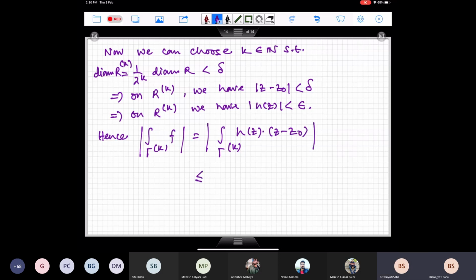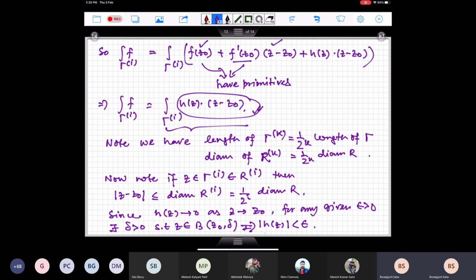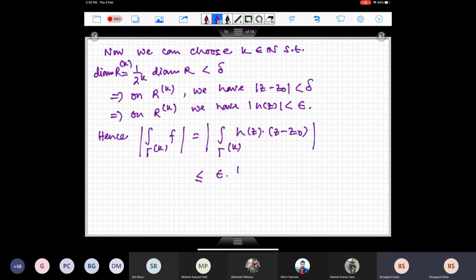By the ML inequality, let us find an upper bound for the integrand. h is bounded above by epsilon, z minus z naught is bounded above by the diameter, that's 1 upon 2 power k diameter of R, and the length of the integral is bounded above by 1 upon 2 power k length of gamma. Agreed? Do you agree to this estimate?